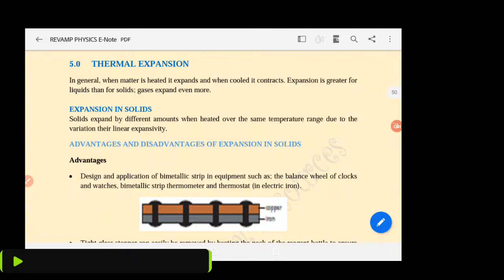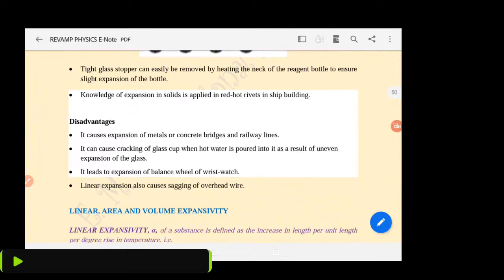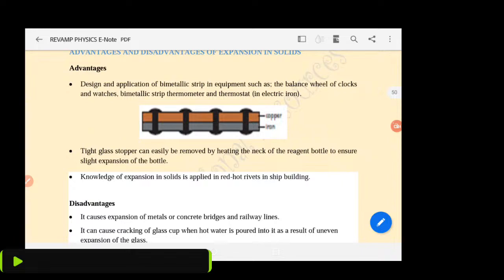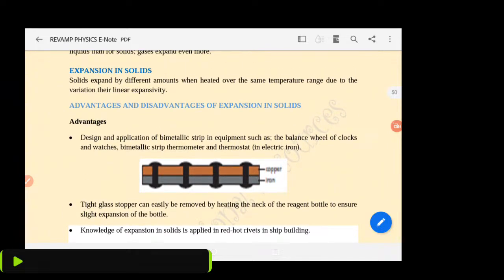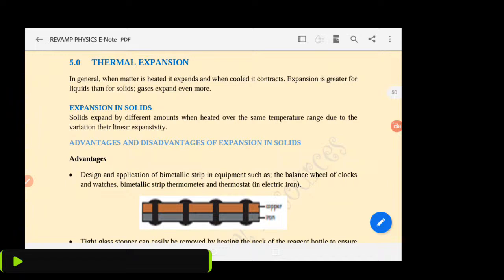We're going to look at solid expansion, and in an exam like WAEC or NECO, you may be asked to state advantages of expansion and also the disadvantages of expansion. We will be asked to do some calculations that are related to expansivity.